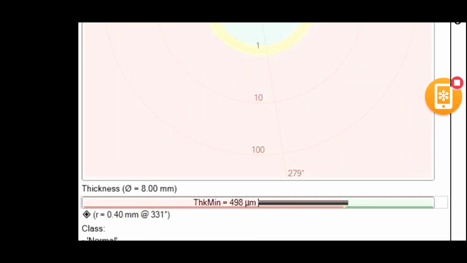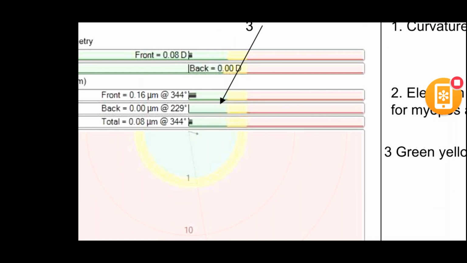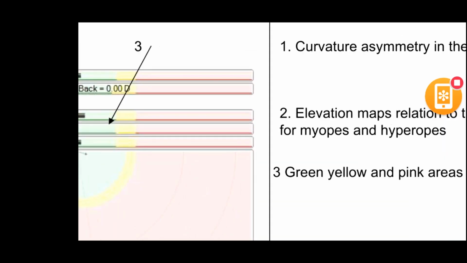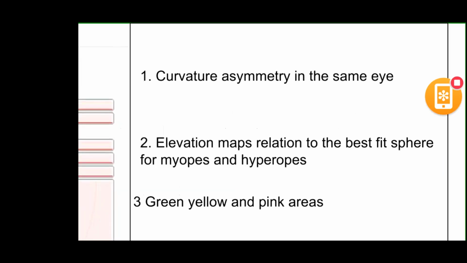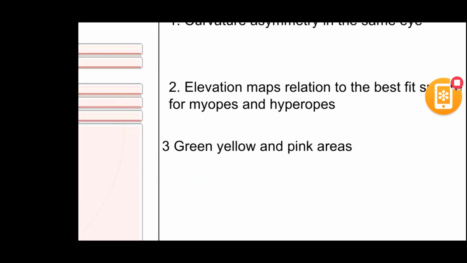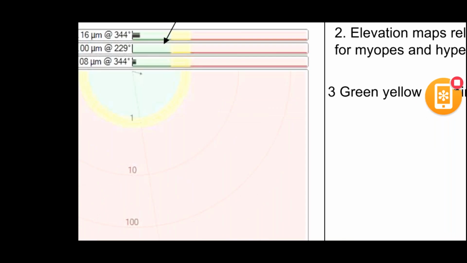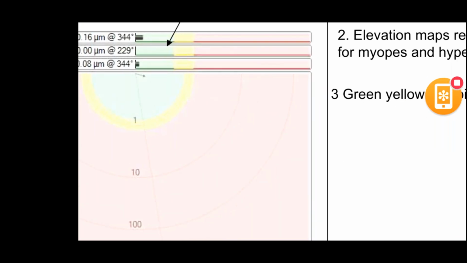So basically what it's telling you is the elevation maps in the front and the back are normal. The higher order aberrations are within normal limits. The keratometric values are normal. The elevation maps, the front and the back elevation, are normal, okay? And this is a normal cornea.